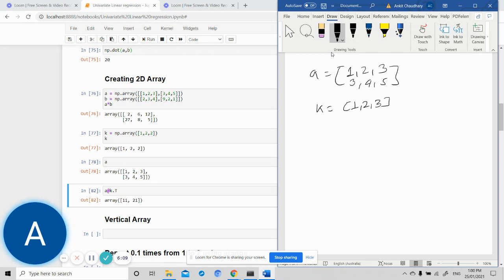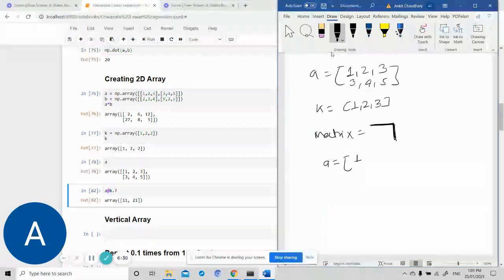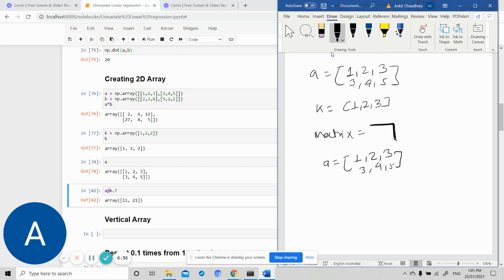Why do we need to do the transpose? Because for matrix multiplication, we need to follow this rule. Whenever we multiply, we follow this convention. Suppose A is 1, 2, 3 and 3, 4, 5, times 1, 2, 3. We need to follow this convention.